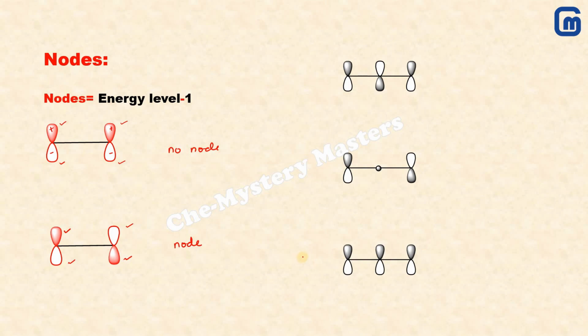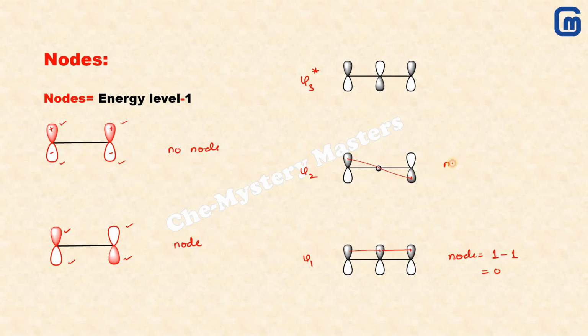So if you see these 3 molecular orbitals, psi1, psi2 and psi3 star, according to the formula, node equals energy level, that is psi1 is the first energy level, minus 1, there should be 0 node. And that can be seen by this one, that all these lobes are on the same side. If you talk about the another one, starting from this particular lobe at the first carbon going through this to the third one, you can see there is 1 node.